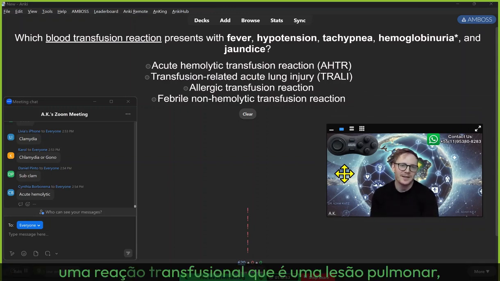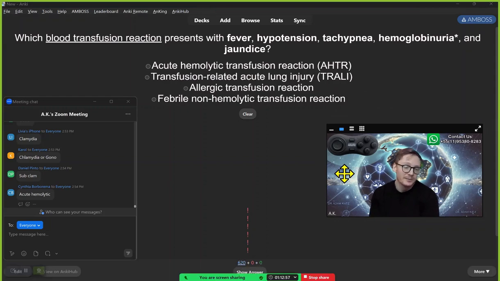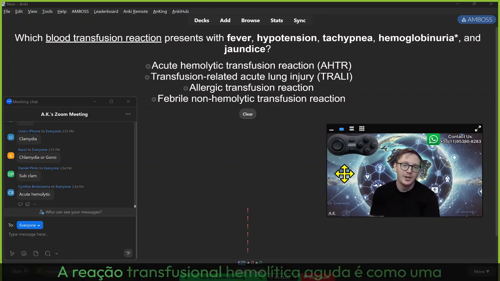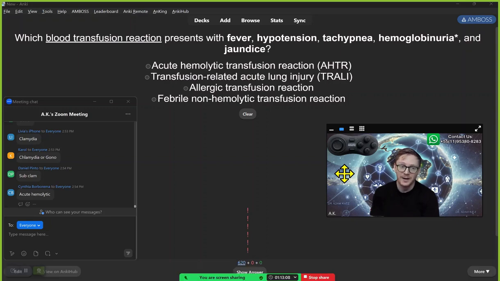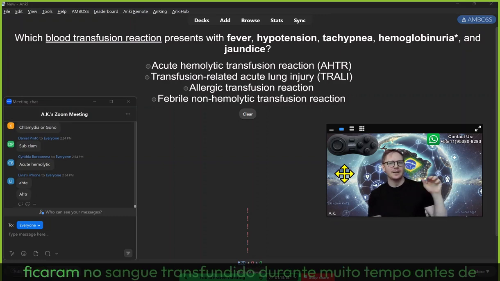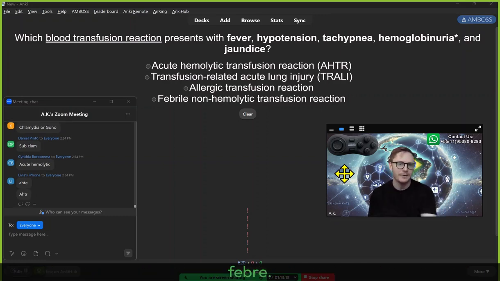It's a lung injury, as opposed to an allergic transfusion reaction, which would be like an anaphylactic reaction. Acute hemolytic transfusion reaction is like ABO mismatch, right? And then febrile non-hemolytic transfusion reaction is when you have blood products that have been hanging out in the transfused blood for too long before they are transfused, and you wind up getting a fever.